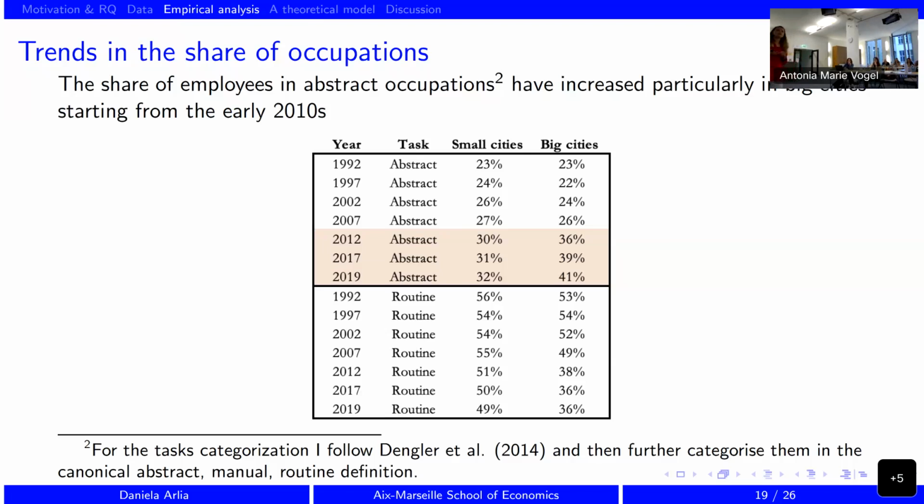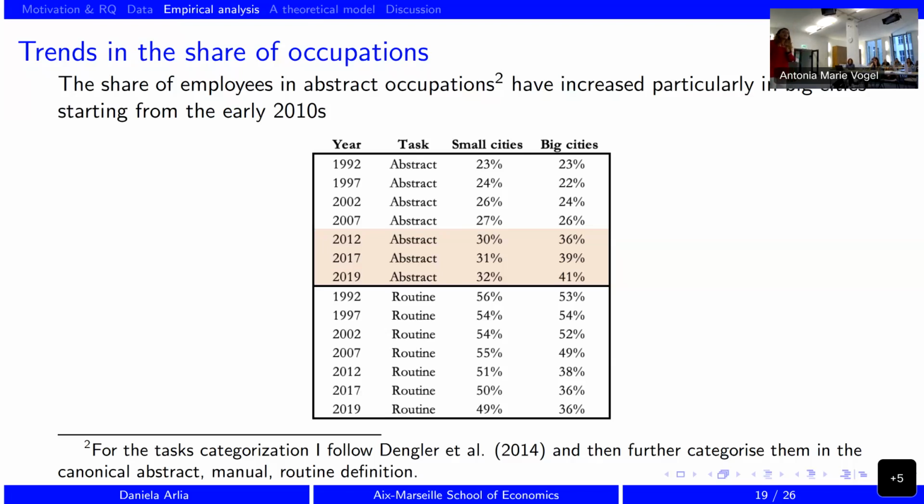Yes, for example, abstract is any manager or professors. So these are considered abstract jobs, and routine is considered employees in manufacturing industries or secretaries. So these types of jobs are considered routine.